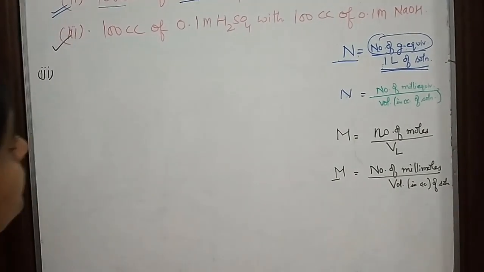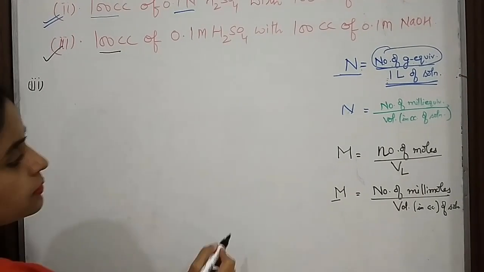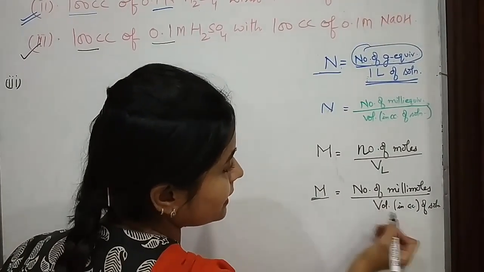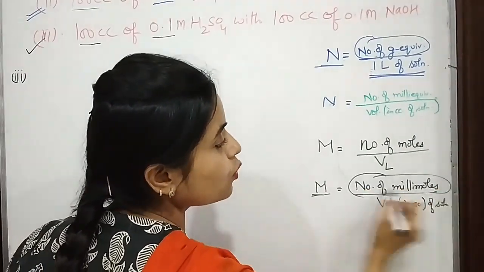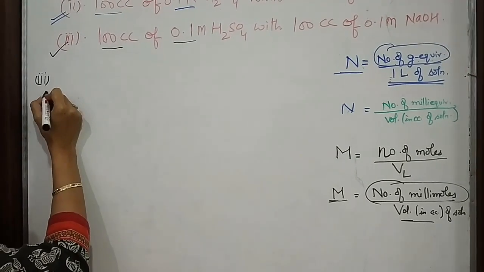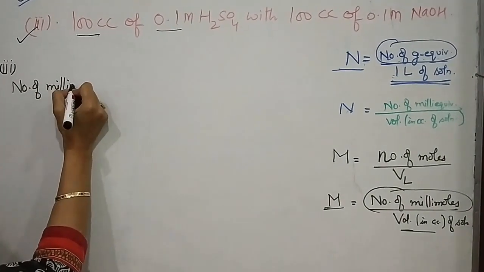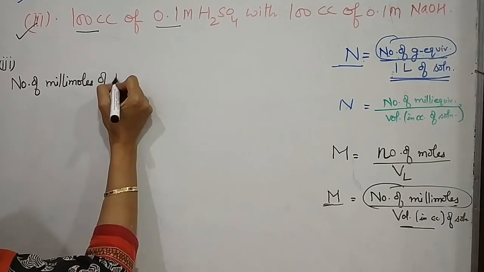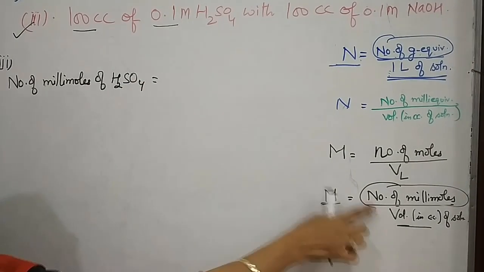Here again, you are provided with volume and molarity. This molarity and volume is given to you. You can easily find out this number of millimoles. So number of millimoles of H2SO4 is equal to molarity into volume.